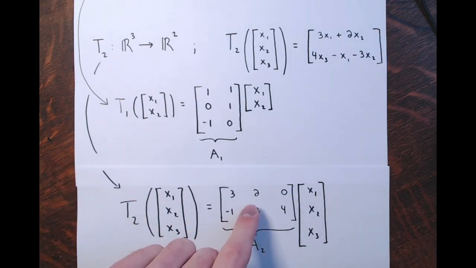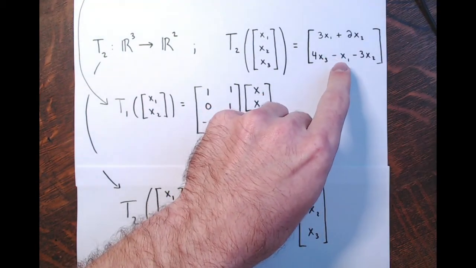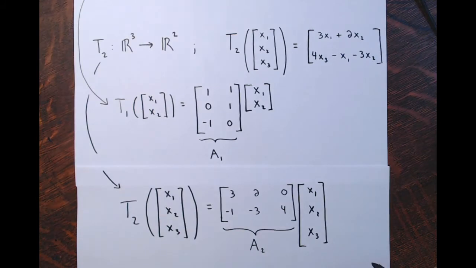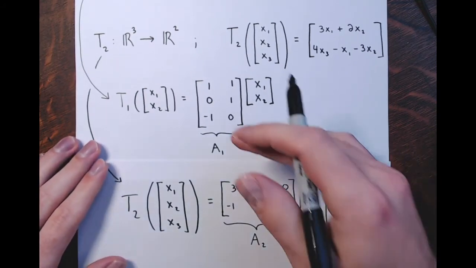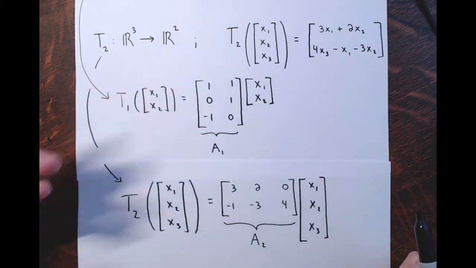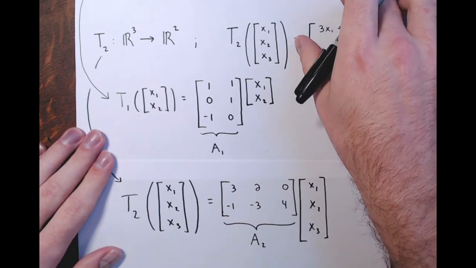Multiply this matrix by this matrix, and you will get the output from transformation 2. Okay. So when I do composition, if I know the matrix versions of my linear transformations, then the composition will just involve matrix multiplication.